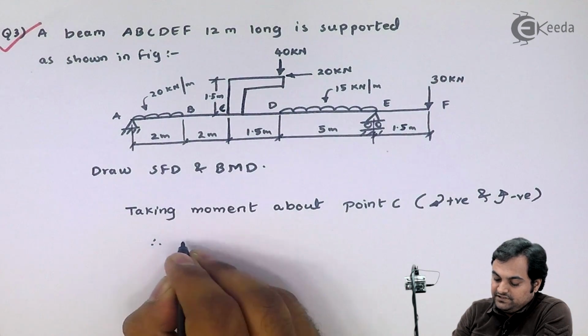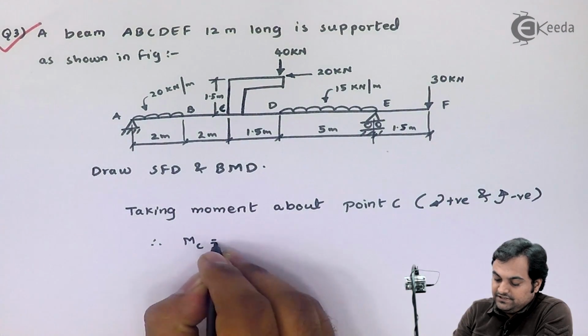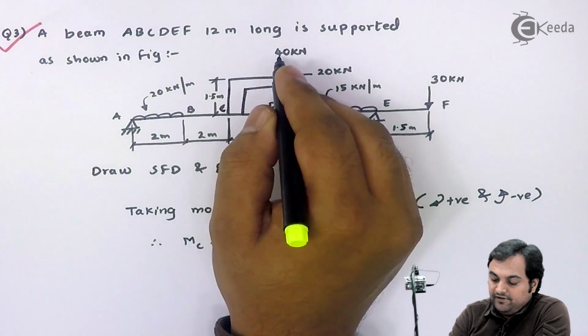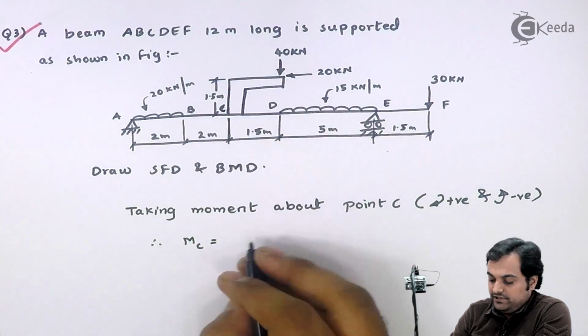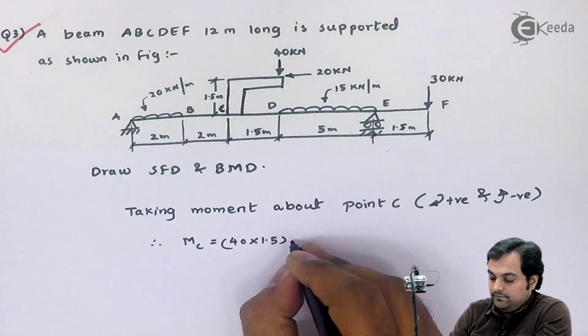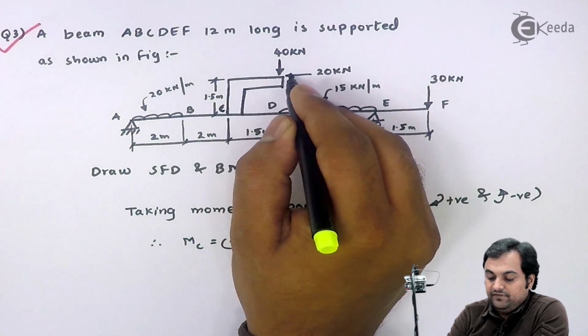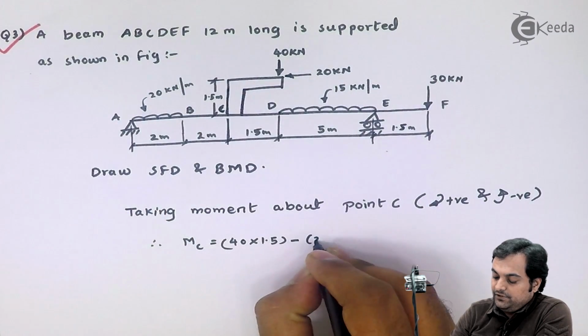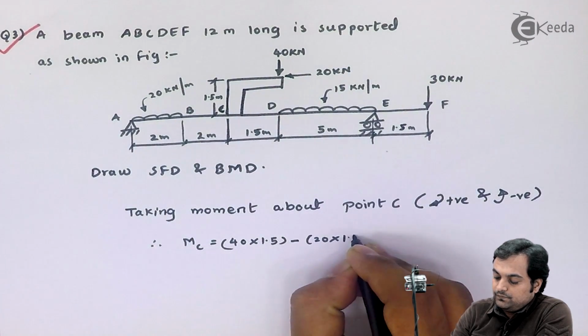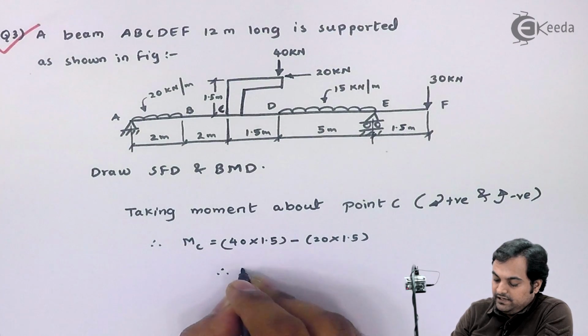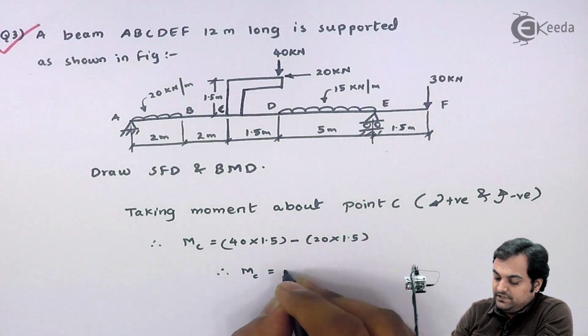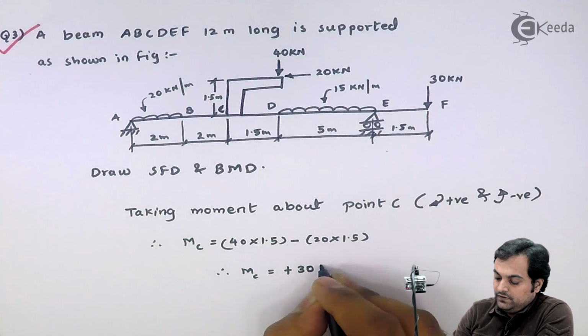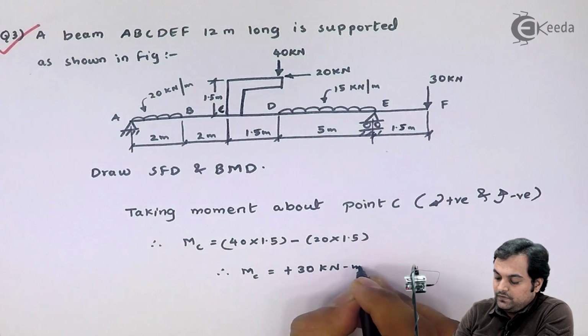So therefore I will say moment at C is equal to, here I have 40 into 1.5 clockwise, minus, because this 20 will produce anti-clockwise moment, so minus 20 into 1.5, and my answer is plus 30 kilonewton meter.